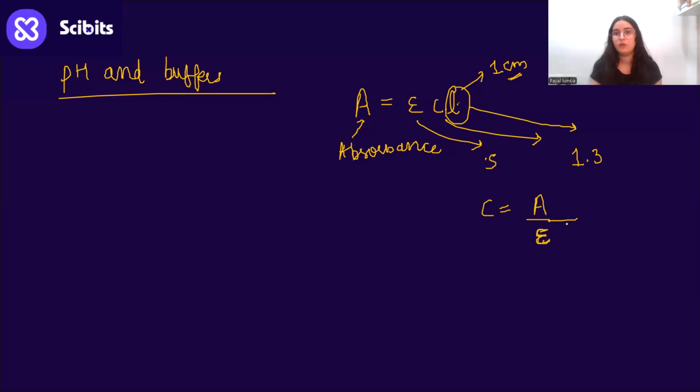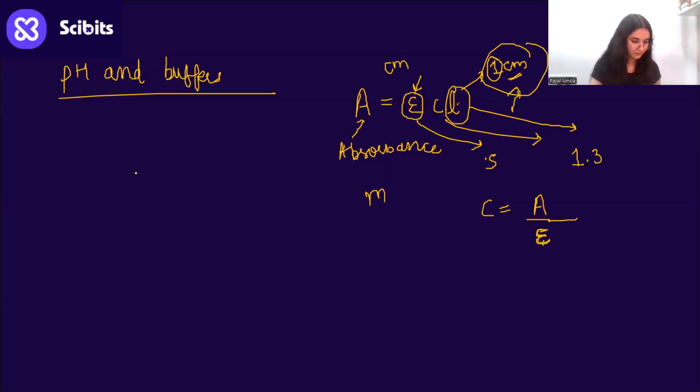They will give its value. If it is in meters, then you have to use 10 to the power minus 2 in place of 1 centimeter. Because if the units of the molar extinction coefficient are in centimeter, then you will use 1 centimeter only, but if it is in meter, then you should convert the centimeter into meter.